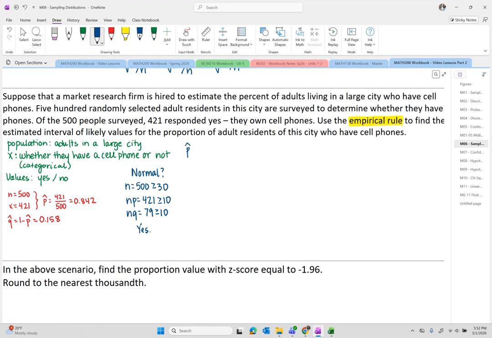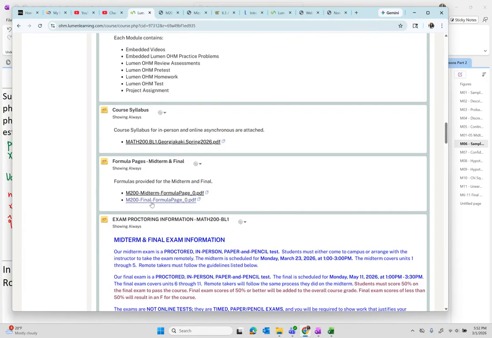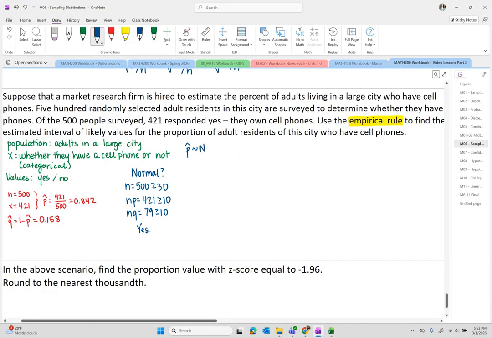So your P hat follows a normal distribution, and the formula that is available in our course under final exam, final formula page, has the distribution of the sample proportion to be normal with mean P and standard deviation square root of PQ divided by N. So the mean will be P, and we will assume that it is 0.842 because that's our estimation of the population proportion.